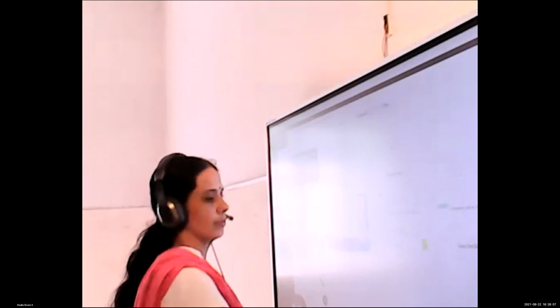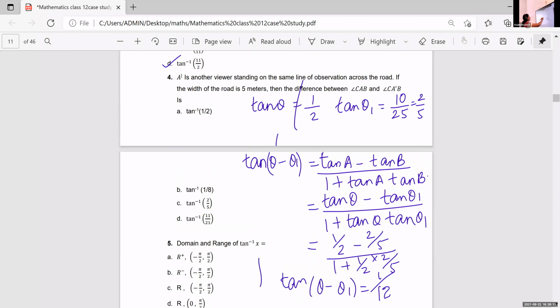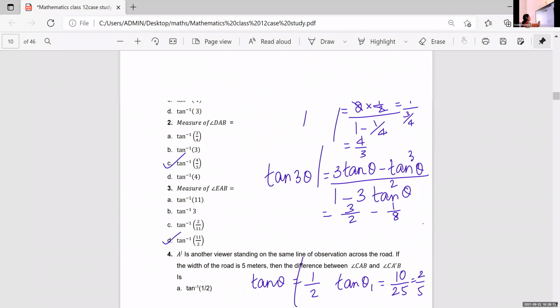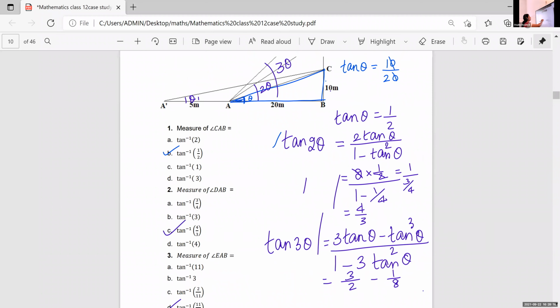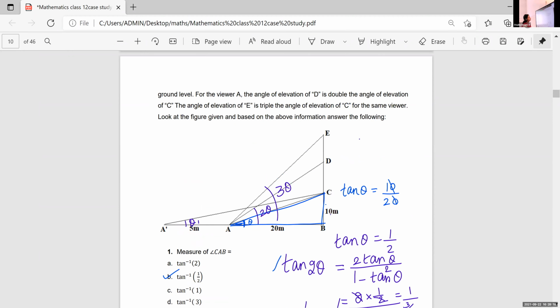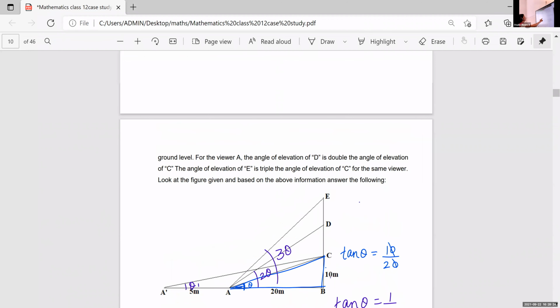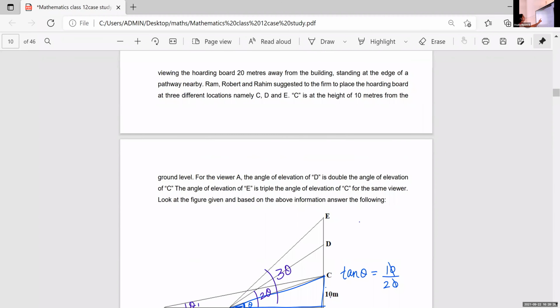Look at the question given here. What is asked? This is the situation given here.